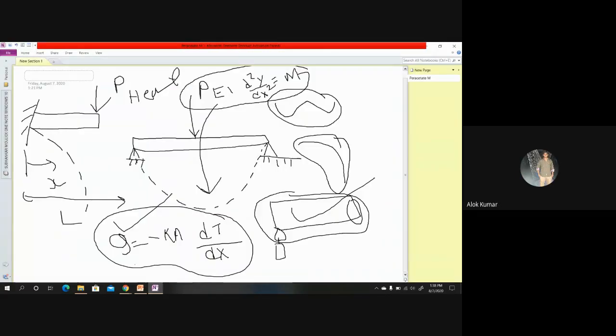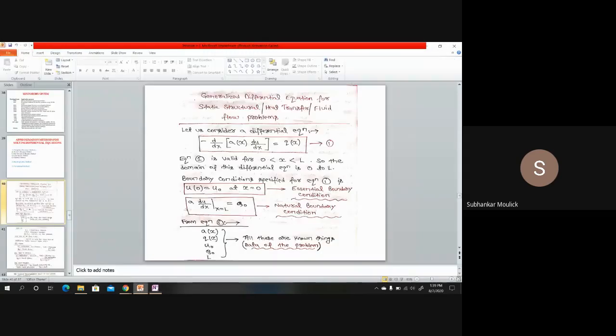Sir, can you please repeat the natural boundary condition once again, sir? Natural boundary condition means, say this is my deflection curve. X varies from x equal to 0 to x equal to L, which is nothing but the length of the beam. Now, I can see that due to application of this load, the beam will bend like this, at x equal to L. That means at this point on the deflection curve, if I find out the slope of the curve, that is nothing but the rate of change of displacement, du by dx, that value is given to me as q naught.